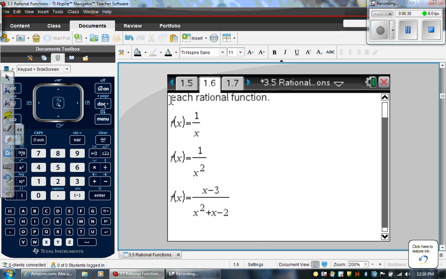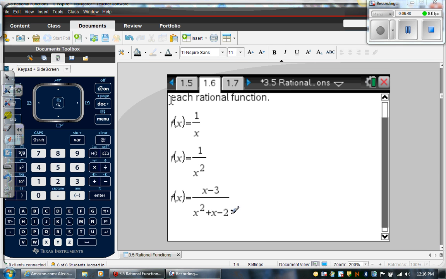So if I go back and think about this algebraically, what I'm doing is looking for the values that are going to make the denominator 0. x plus 2, x minus 1, which gives us the values of x equals negative 2 and 1. So my domain is going to be from negative infinity to negative 2, then negative 2 to 1, and then 1 to infinity.